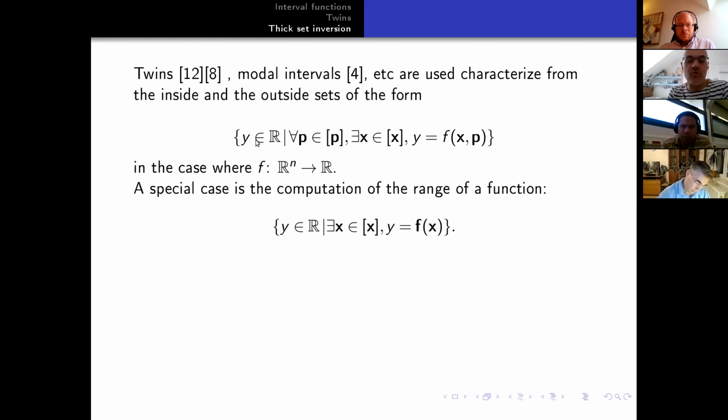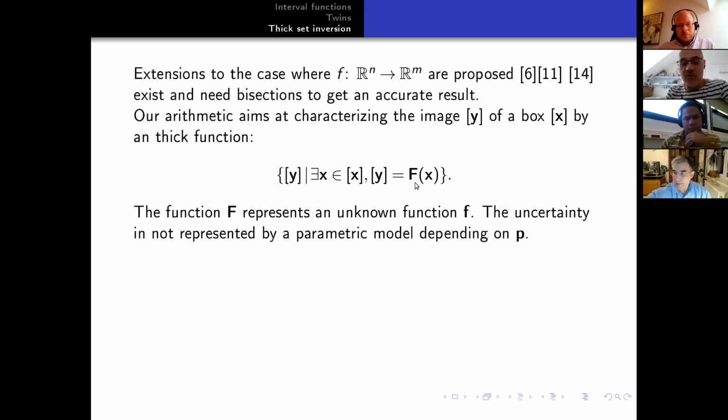These problems are also very important, but it is not the problem we are considering here. Here, as I said in the conclusion, it is different. We have an uncertain function capital F, and we try to characterize an inside and an outside corresponding to a family of functions which are uncertain and represented by a thick function.